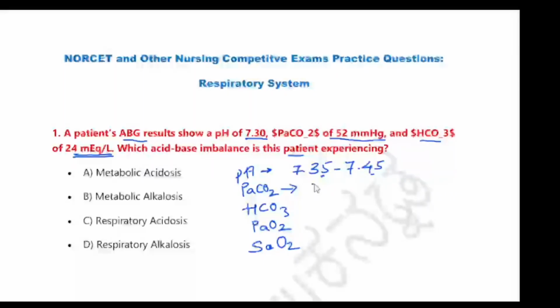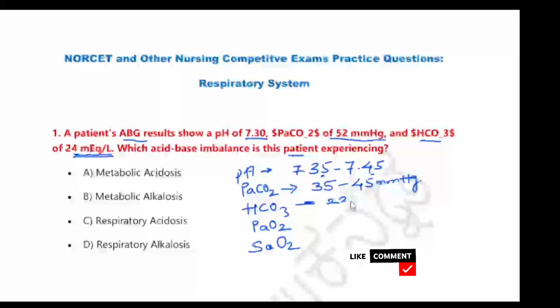Then bicarbonate's value is 22 to 26 milliequivalent per liter. Then PaO2 is 75 to 100 mm of Hg. Then SaO2 is 95 to 100%.